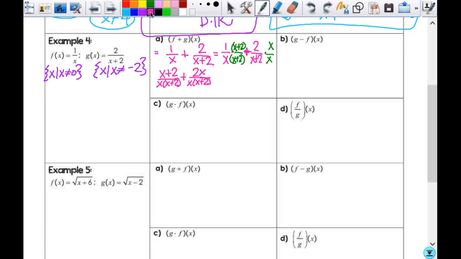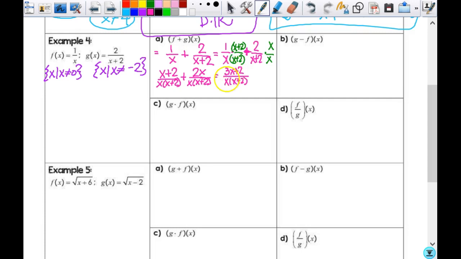Okay, so when I add these together, the denominator just stays x times x plus 2. The numerator becomes 3x plus 2. Can I simplify that at all? No. I'd have to be able to cancel out an x from the numerator.